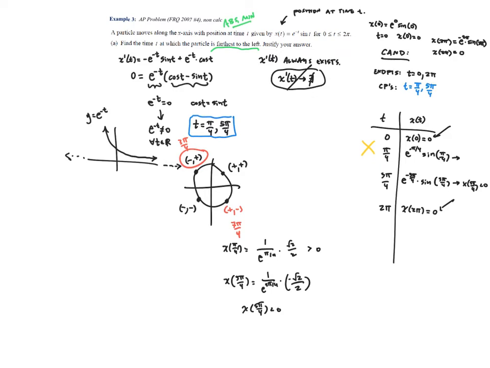It's yes. Therefore, this would be our absolute minimum output for x of t, which in this case is considered the time when the particle is farthest to the left.